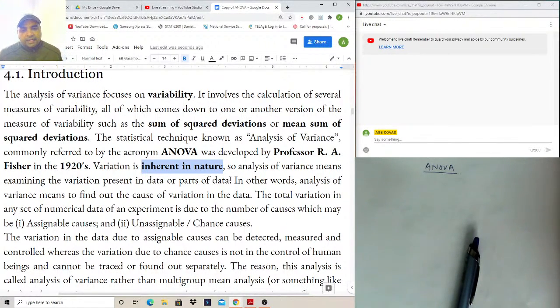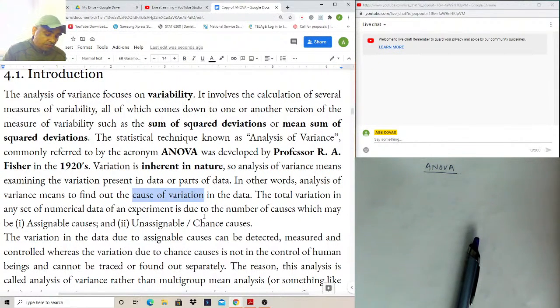So analysis of variance means examining the variation present in data or parts of data. What we will be doing is analyzing the variance that is present in our data. In other words, analysis of variance means finding out the cause of variation.